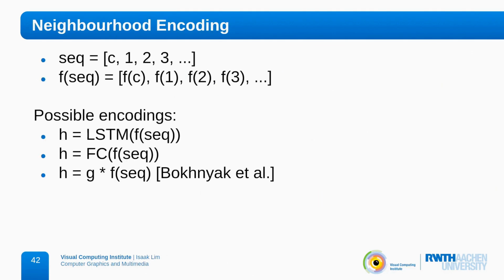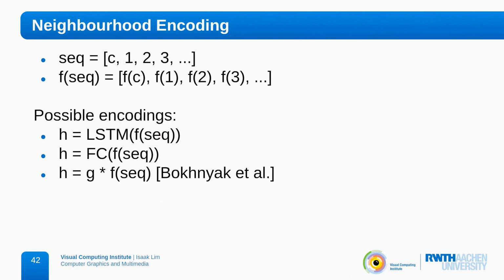Now that we have such a sequence, we can construct a feature sequence simply by making use of the feature information stored at each mesh vertex in that sequence. And since we have an ordered sequence now, we can compute many different encodings of that local neighborhood information. For example, we can make use of an LSTM, a recurrent network that works on this sequence, and this allows us to consider sequences of varying length.